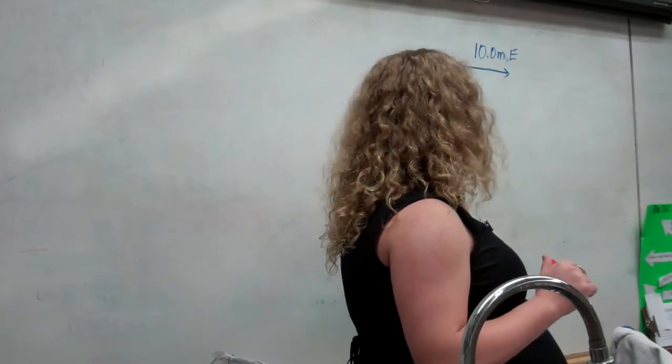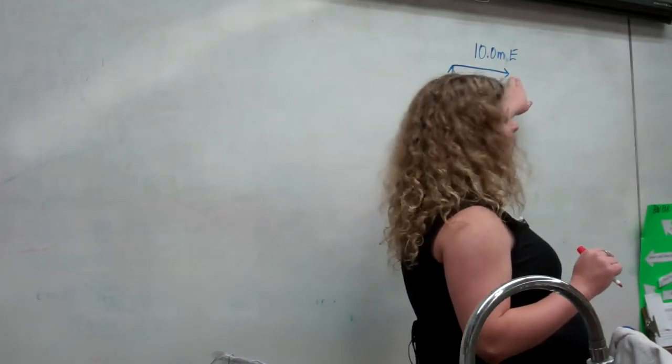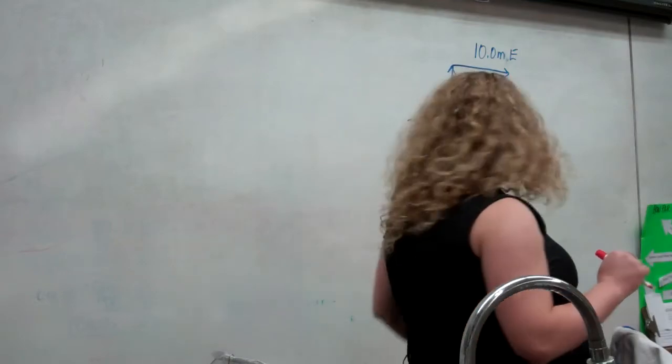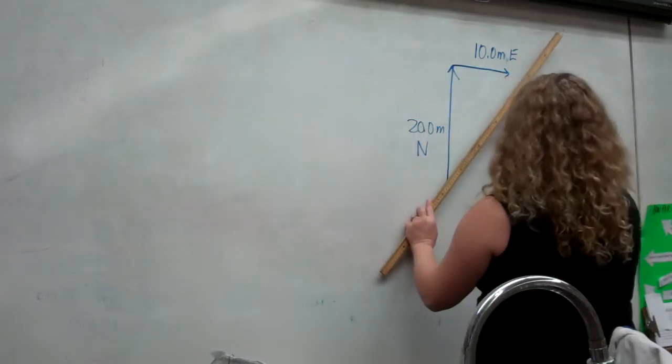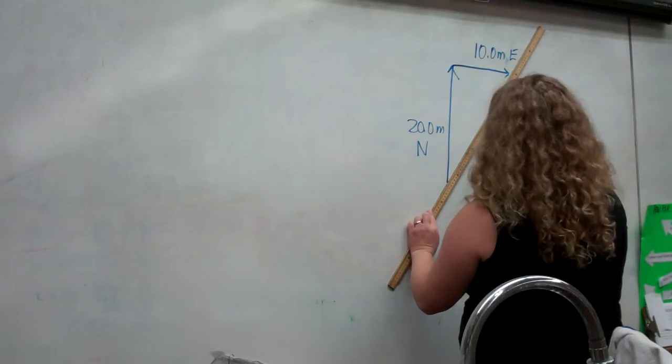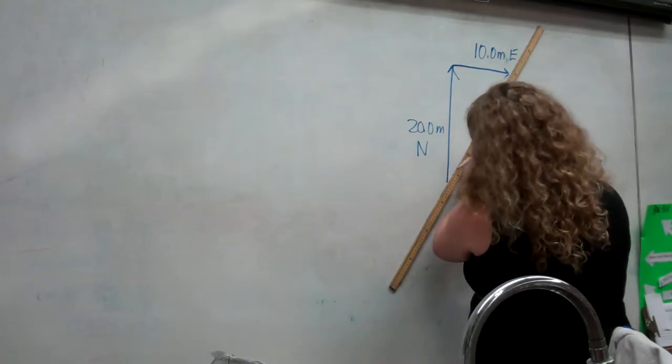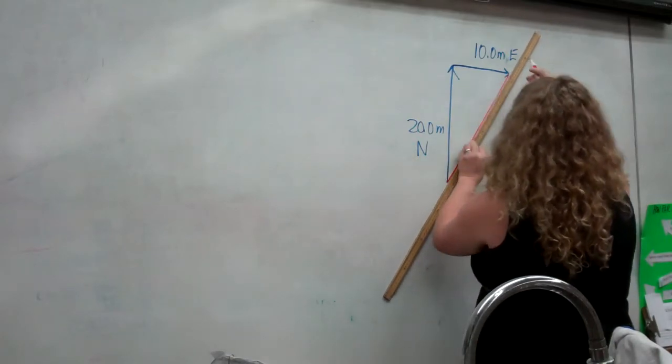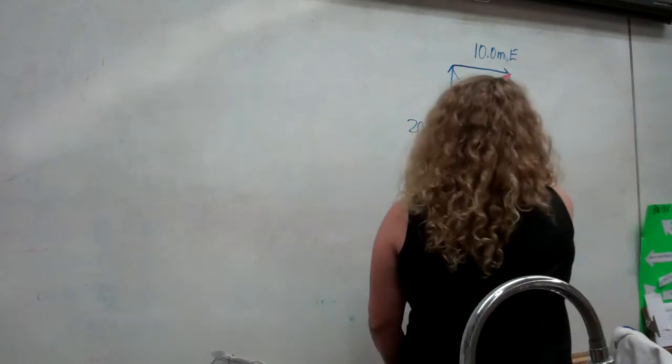Yeah, the tail of the first vector and the head of the last vector. So let's draw our resultant in. Okay, there's our resultant displacement, our resultant vector.